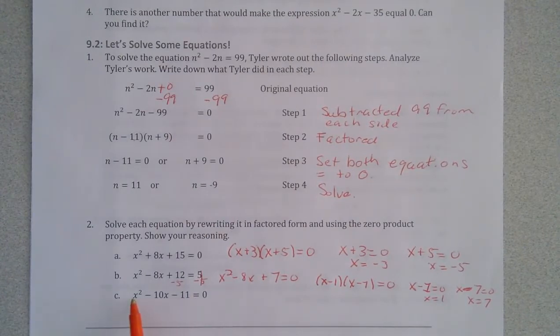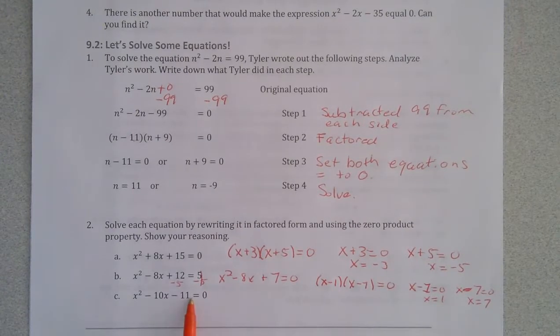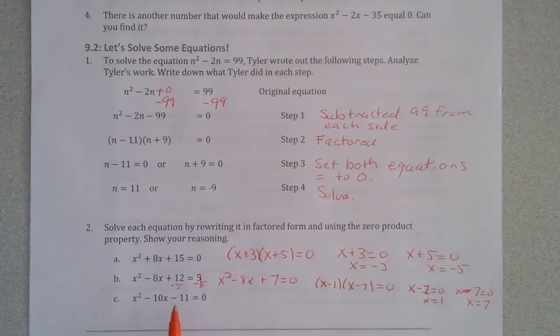Similarly, for number 2, if I have x squared minus 10x minus 11 equals 0, I need factors of negative 11 that sum to be negative 10. Now, looking at this, to get a negative, I know that I'm going to have a positive times a negative. And when I add them, it's also going to be negative. So I know that the negative factor has to be bigger.